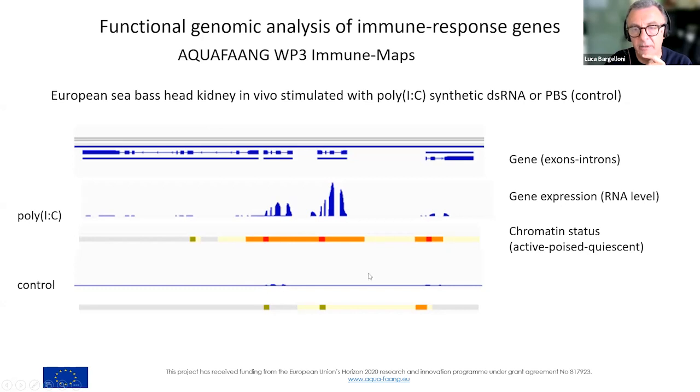In the color bar, which is very colorful, you have the chromatin status. You see here in this gene, especially this region in red and this region here in red, are very active chromatin regions under the stimulus of a simulated viral infection, and they are almost not active when you stimulate the cells with the control buffer.